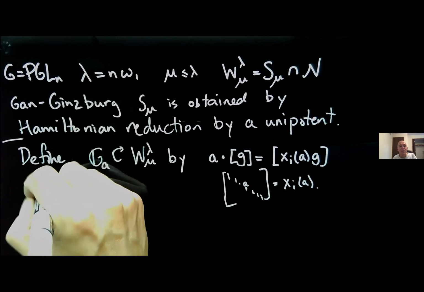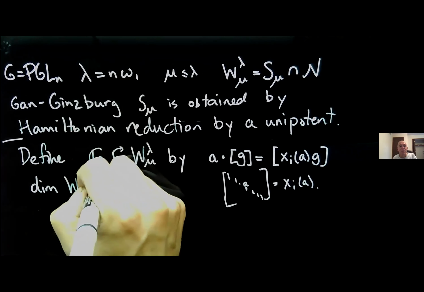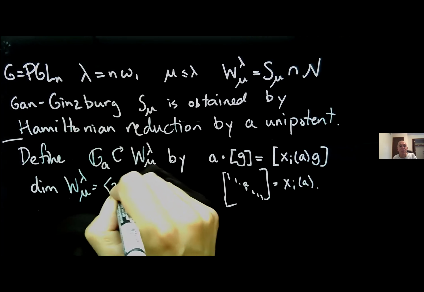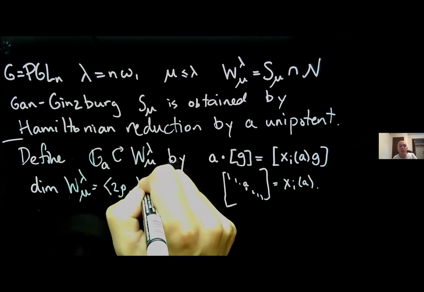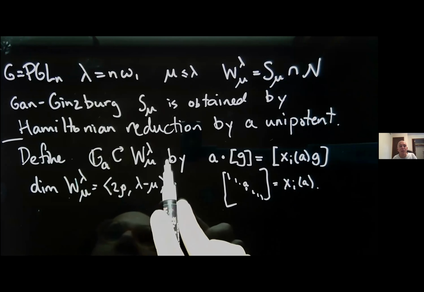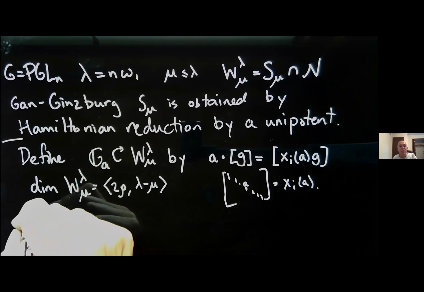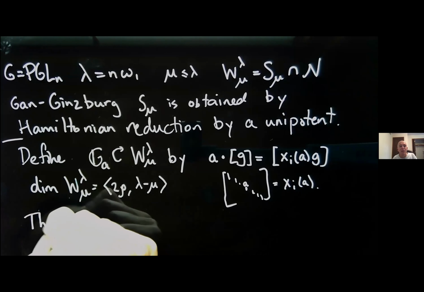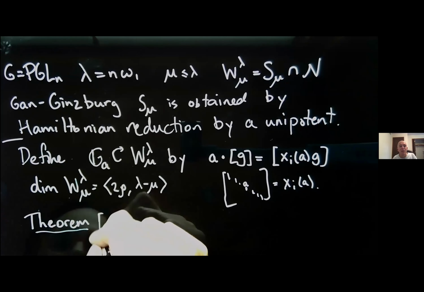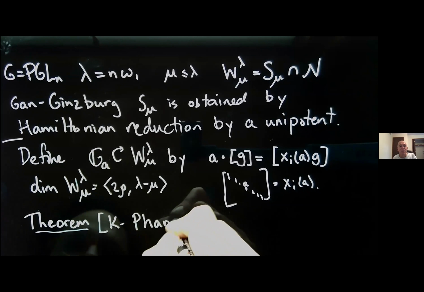Dimension of W lambda mu is twice rho of lambda minus mu. So if we change mu to mu plus alpha_i, this number will go down by 2. So that's somehow the numerics for this theorem. This is a theorem of myself, not yet on the arXiv but coming soon, with my student Khoa Pham and Alex Weekes.